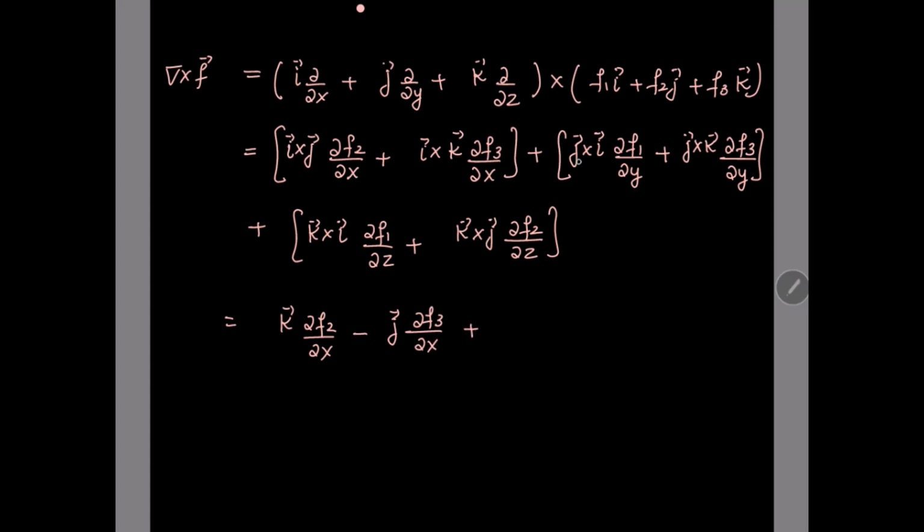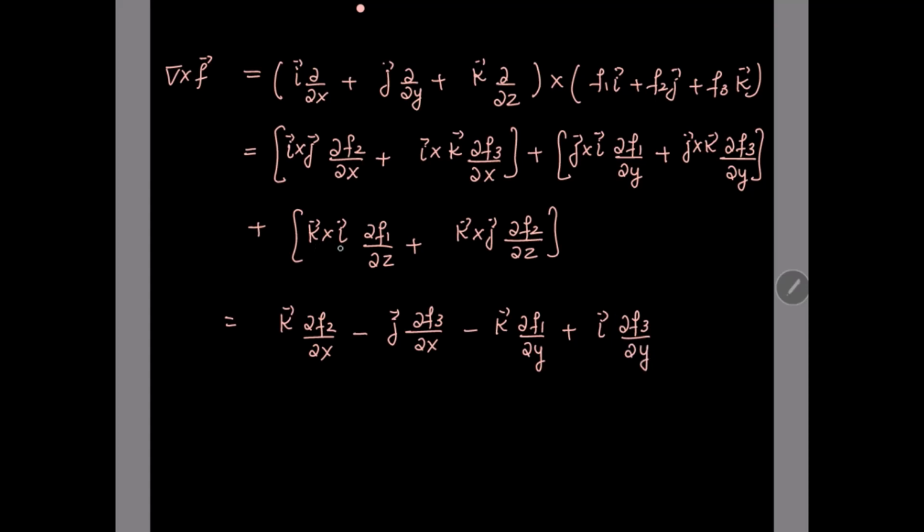Then j cross i, this is also the reverse, so this is minus k ∂f1/∂y. And j cross k, this is a forward sequence, so this is plus i. j cross k is plus i. So this is ∂f3/∂y.